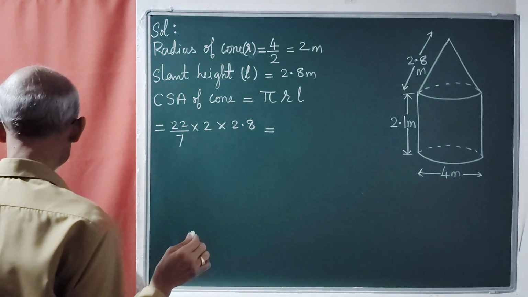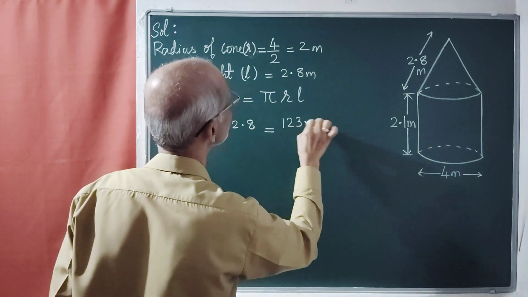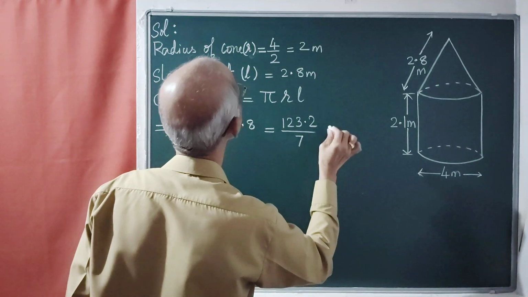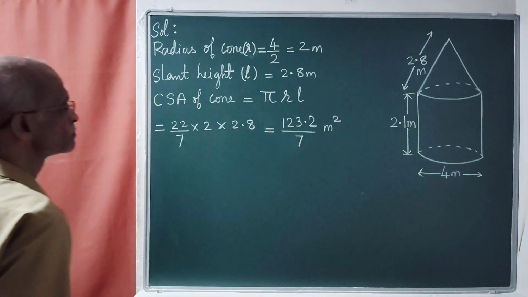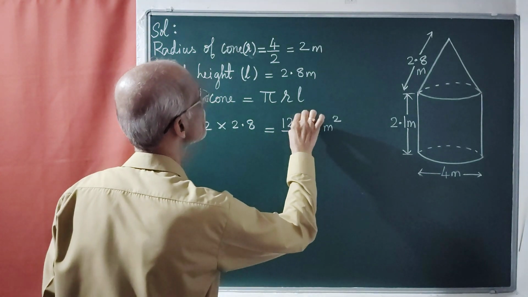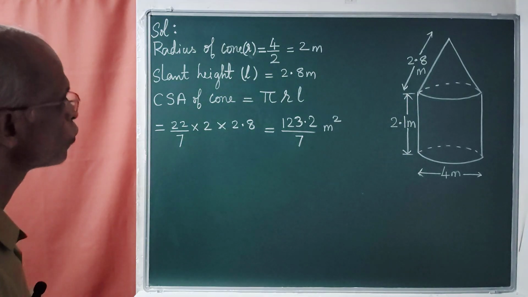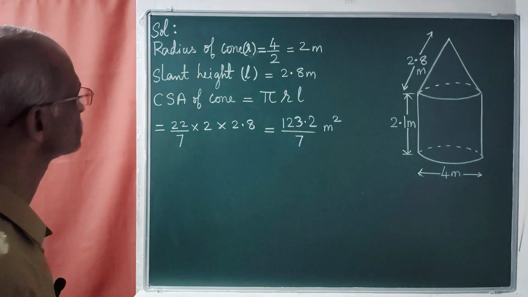That's equal to 123.2 by 7 meter square. The CSA of the cone is 123.2 by 7 square meters.